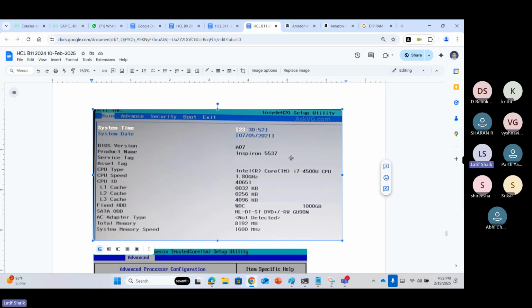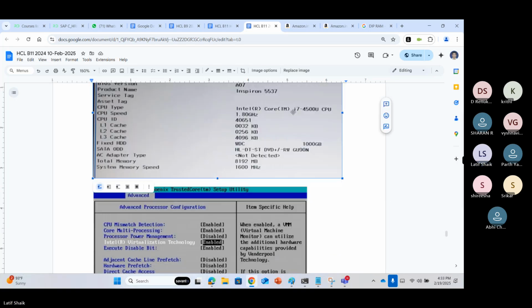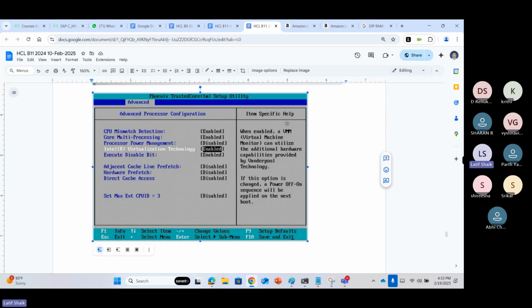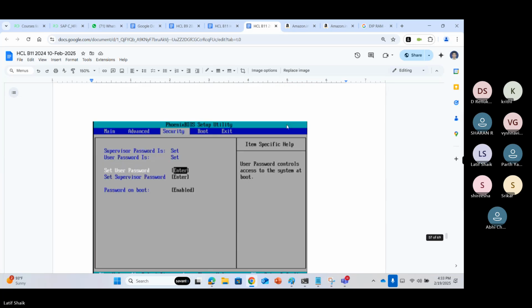So you can get your CPU, memory, and hard disk details from your BIOS setting. Also, you can set your date and time as per your requirement. You can enable or disable hardware related features also. You can provide a password to protect from unauthorized access to your BIOS settings.